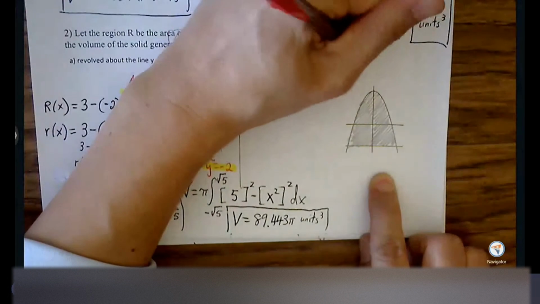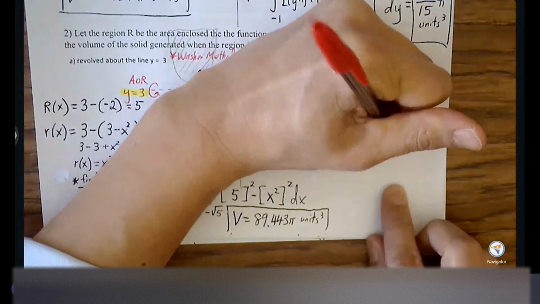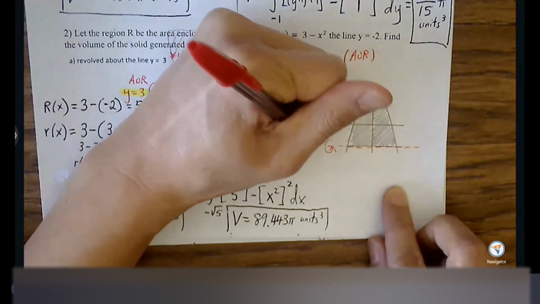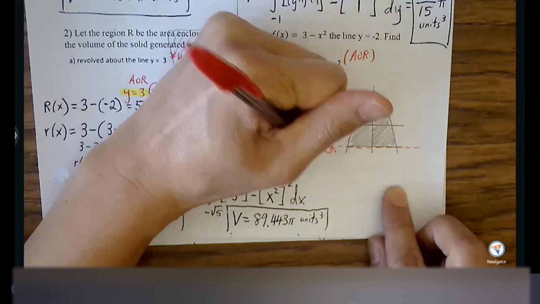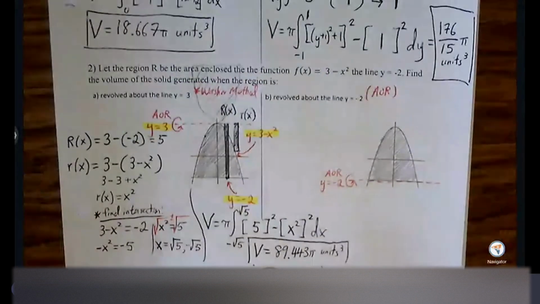It's my AOR. All right, we got to make a decision here. This method or washer method? This method. This is this method.